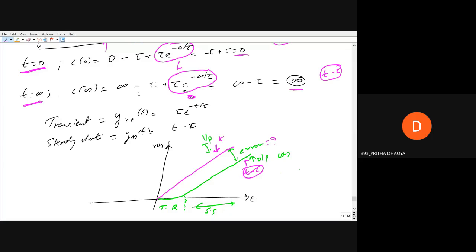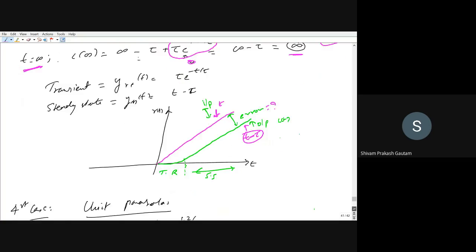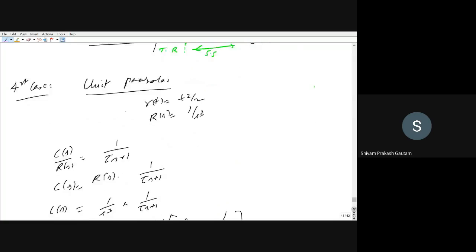Yes, sir. Okay. Now we will calculate errors of all the 4 inputs that we have seen.